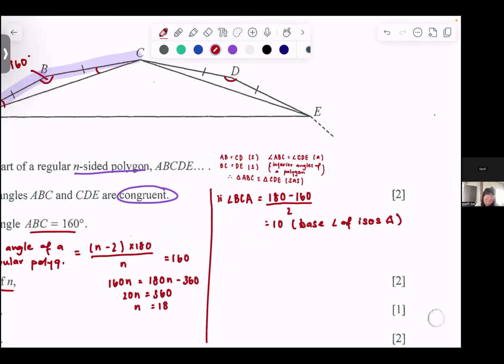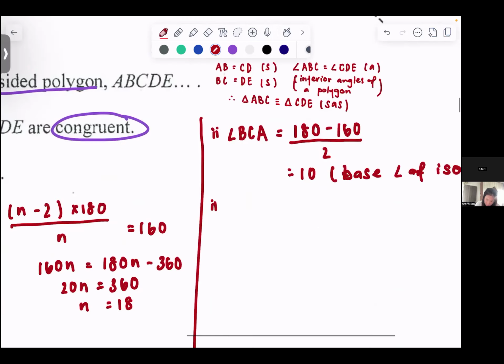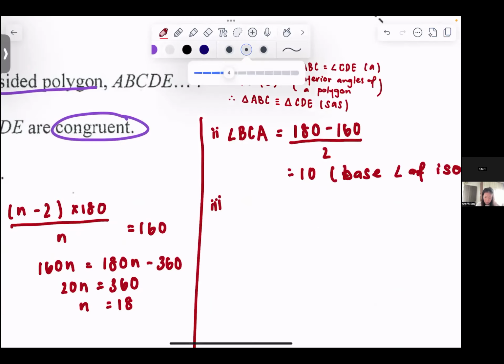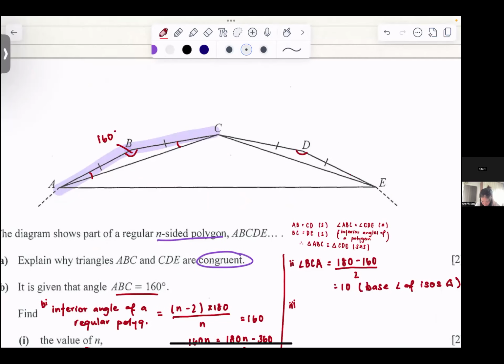Okay, part biii. I'm going to make my pen a bit thinner. They want you to find DEA, which is right here.